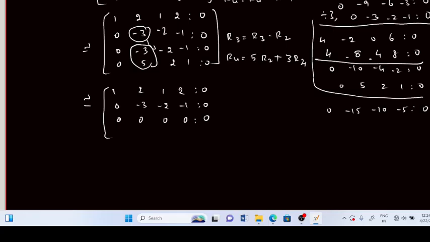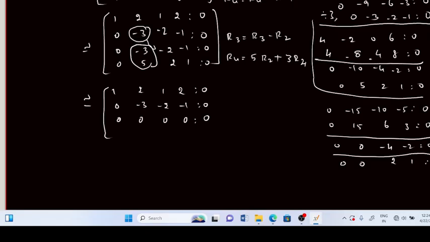R4 multiplied by 3 is 0, 15, 6, 3, 0. Adding these, we get 0, 0, -4, -2, 0. Simplifying, we can write it as 2, 1, 0. So the last row is 0 0 2 1 0.